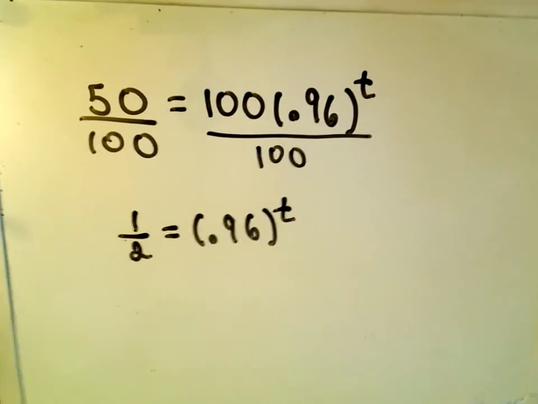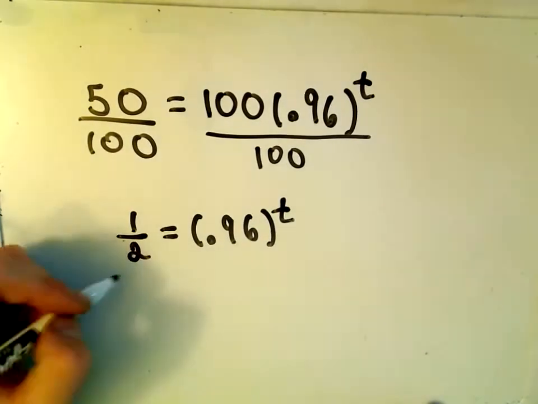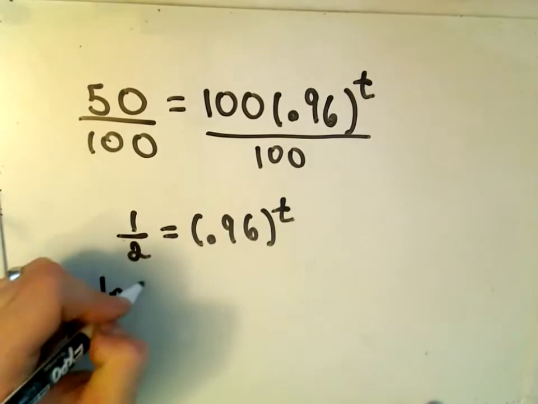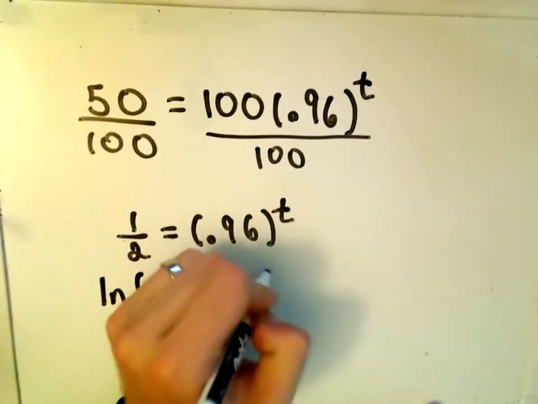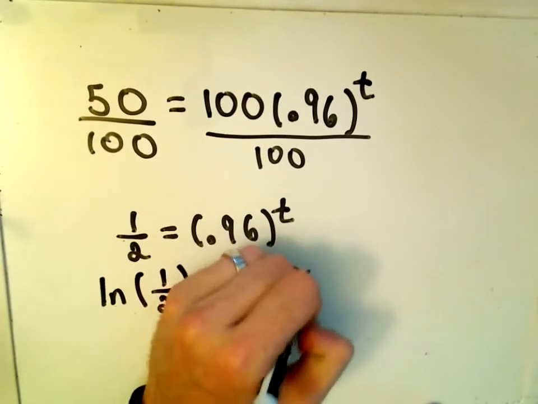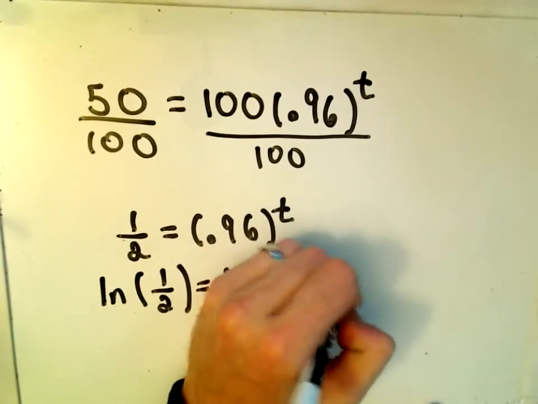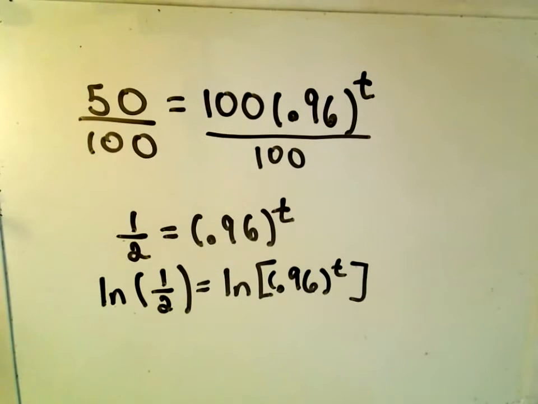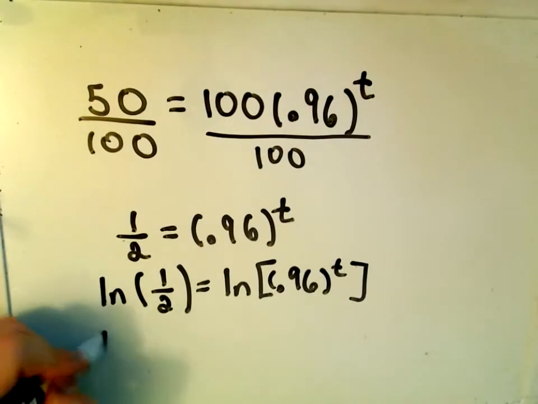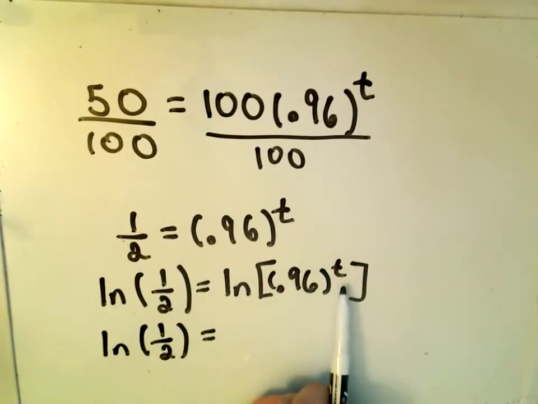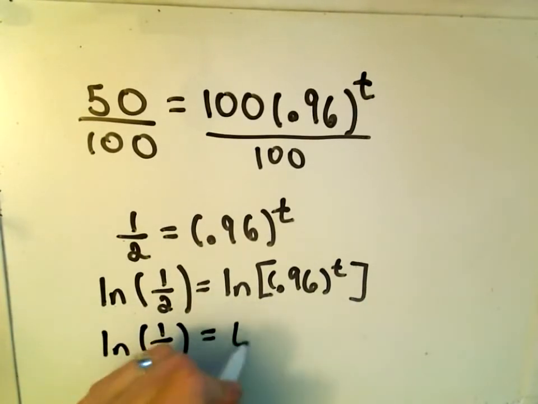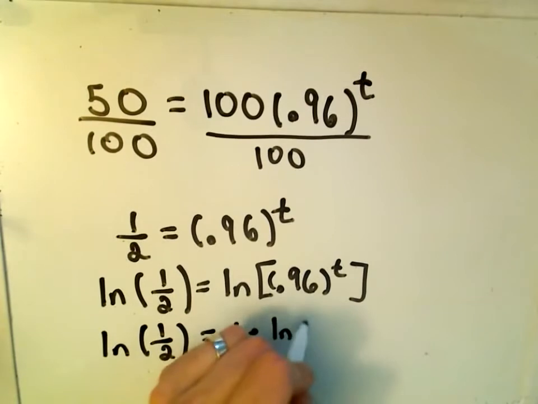At this point you can use any logarithm that you want. Again, I'm just going to take the natural logarithm of both sides. That's what's going to allow us to solve for t. So we have ln of 0.96 raised to the t power. And remember, the whole point of using natural logarithms is that on the right side we can use the property that exponents come down as coefficients.